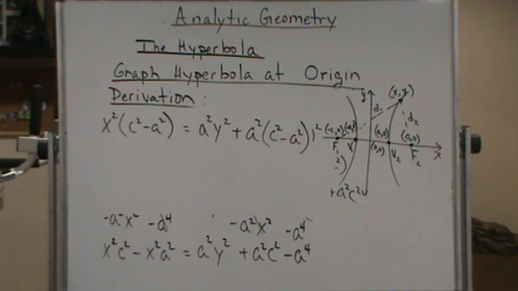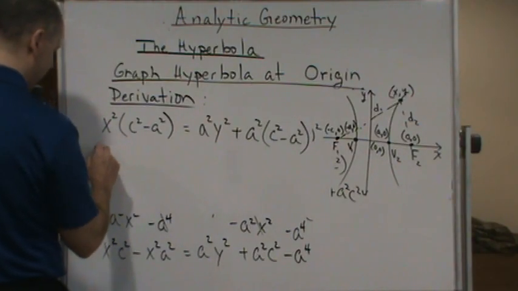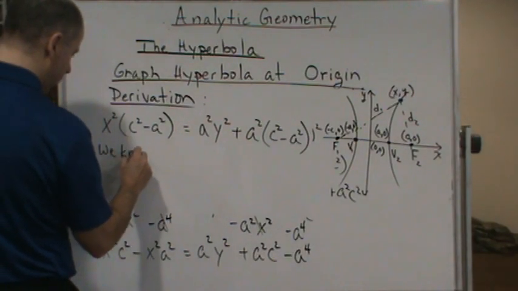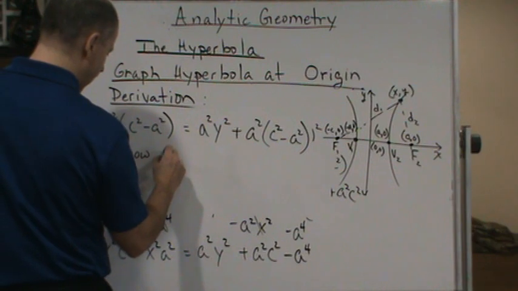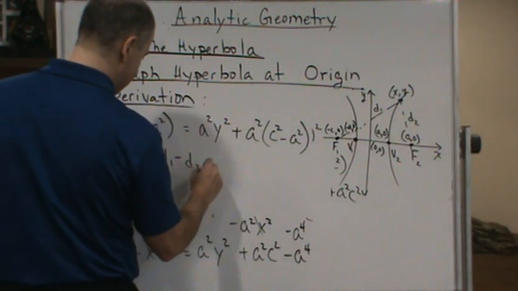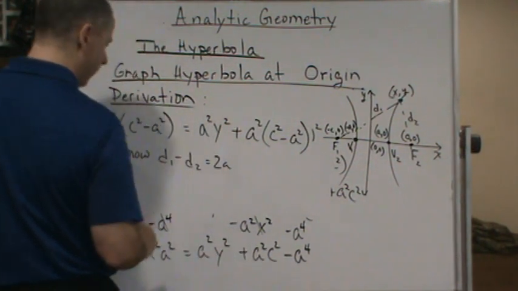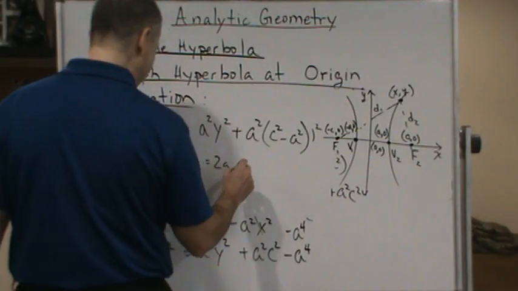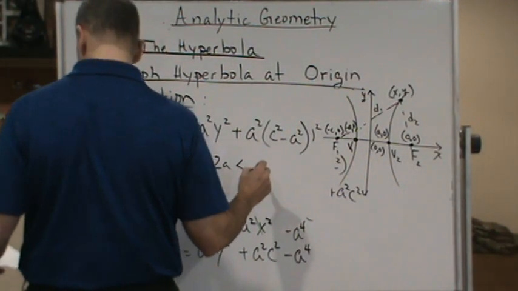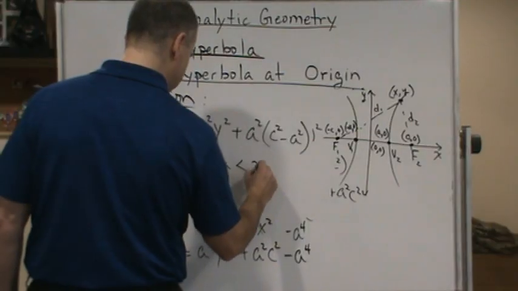And now, here's the thing, now we know that d1 minus d2 equals 2a, and we know that that is less than 2c, right?